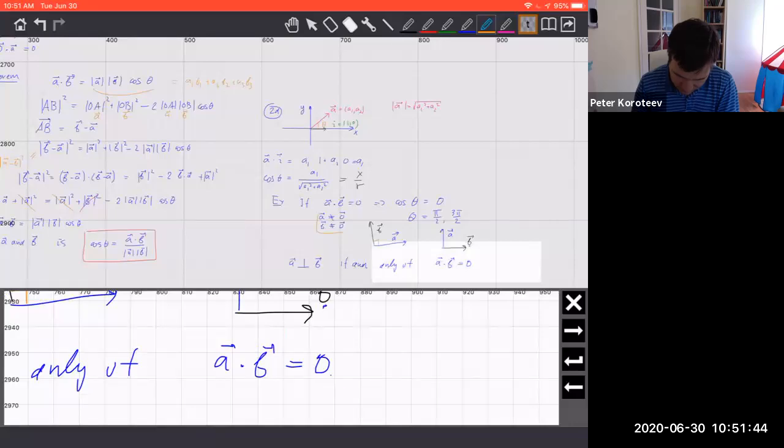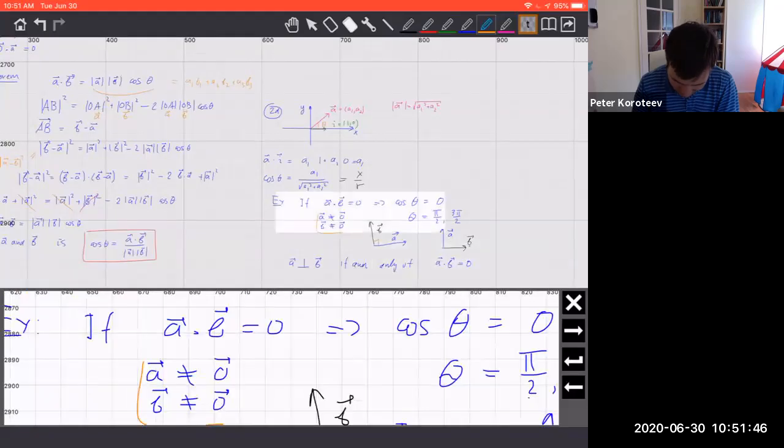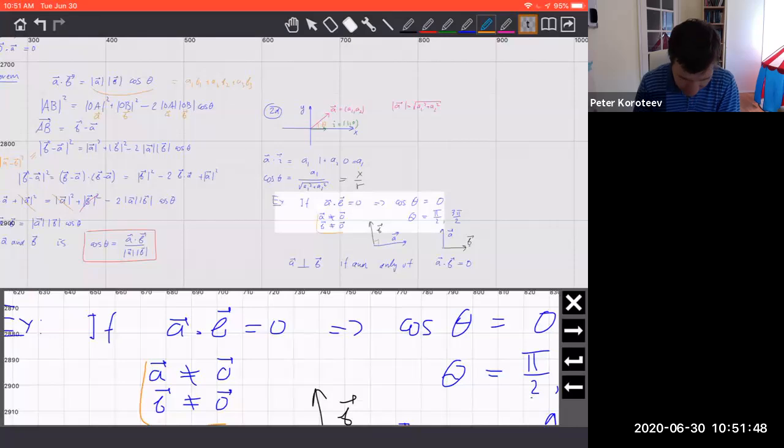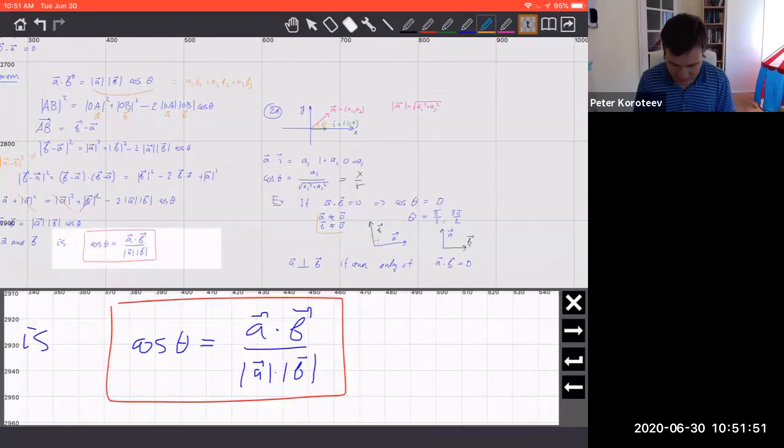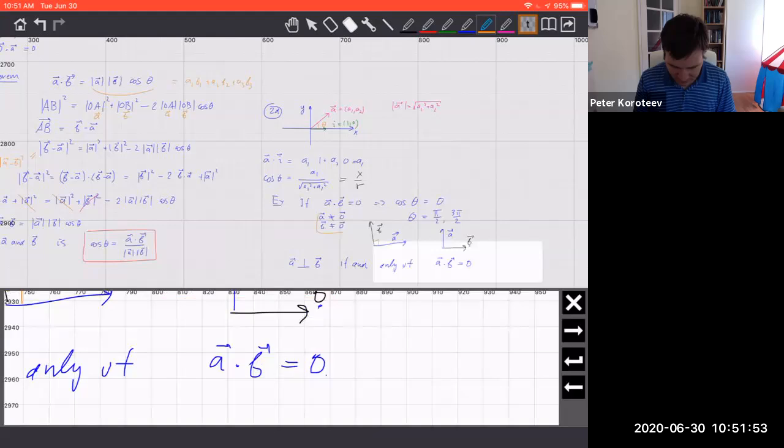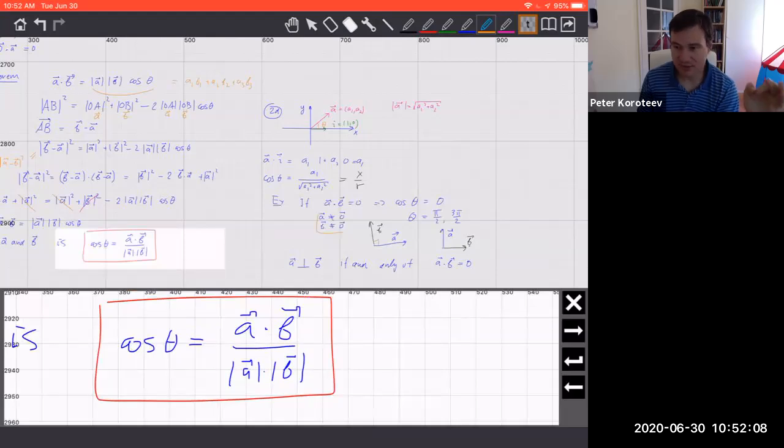Let me just reiterate. Don't look at this formula. If none of the vectors are 0, so a and b are non-zero vectors, then if a dot b is equal to 0, the angle is 90 degrees, because we can write this formula and we know that the denominator is non-zero.